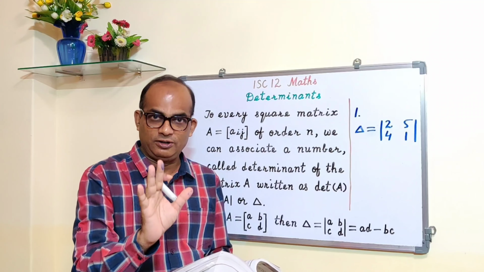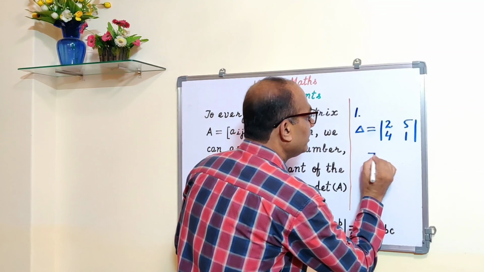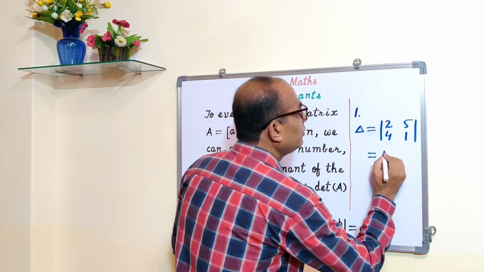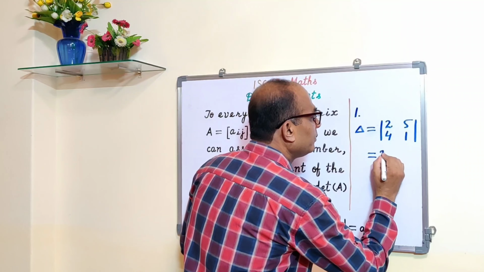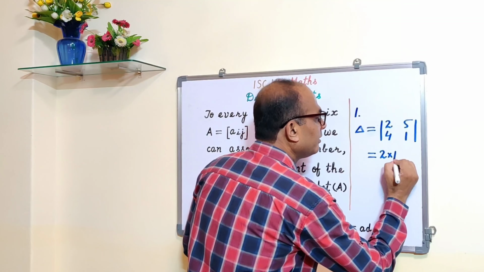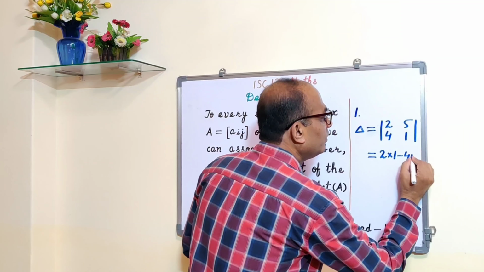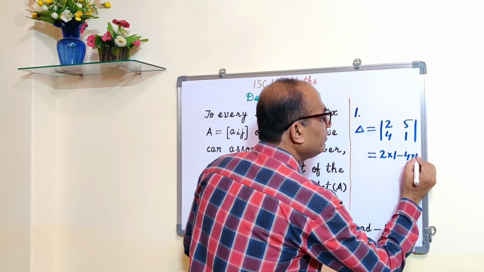We have to evaluate it. You know how to evaluate. So this is equal to 2 into 1 minus 4 into 5.